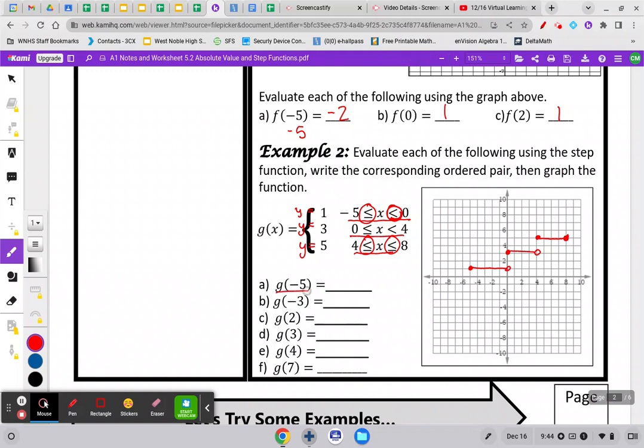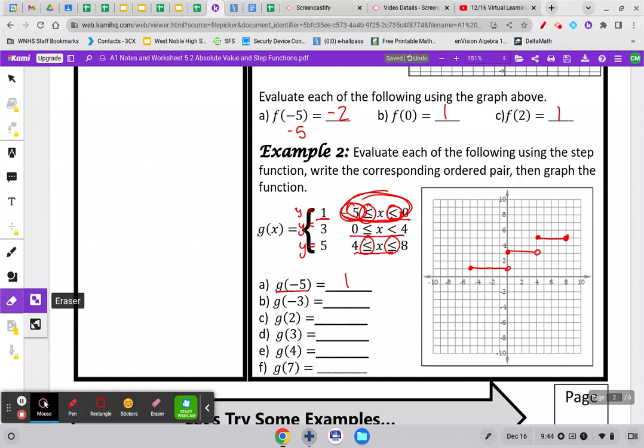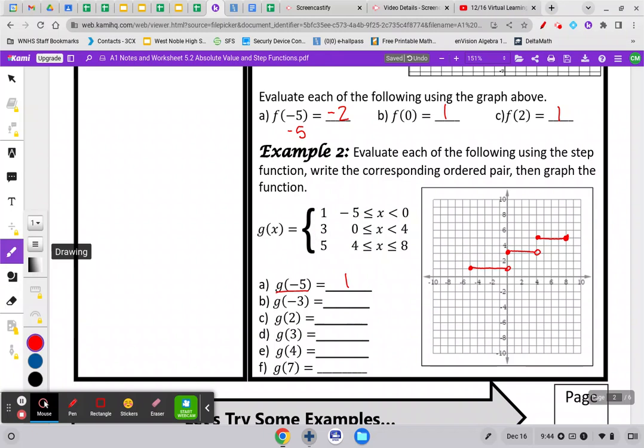So now I'm going to see where x is negative 5. My y value is 1. You can use these guys. So like x is negative 5, y is 1. Or you can just look at the picture, which I prefer to look at the picture. But either way is totally fine. Where x is negative 3, y is 1.